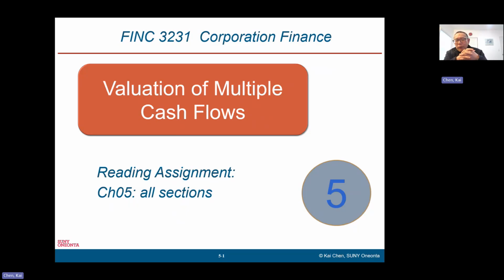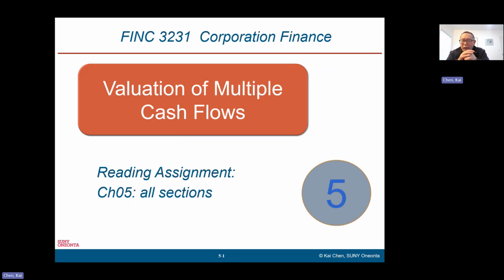However, in the real world, very often we would receive a series of payments, or we need to make a series of payments. Unlike a single cash flow, these circumstances involve multiple cash flows.